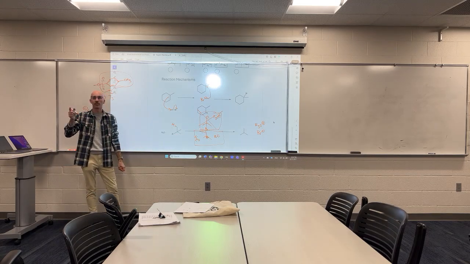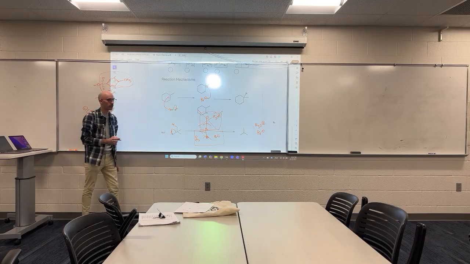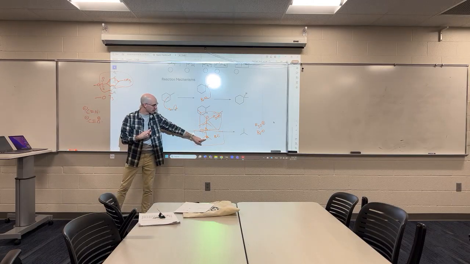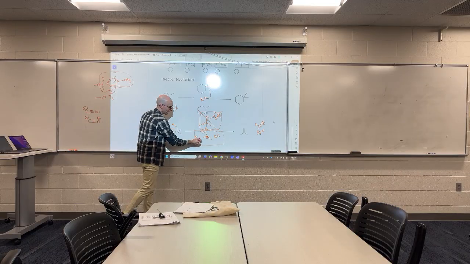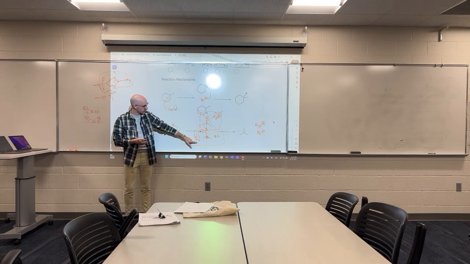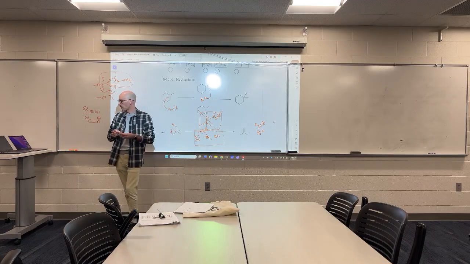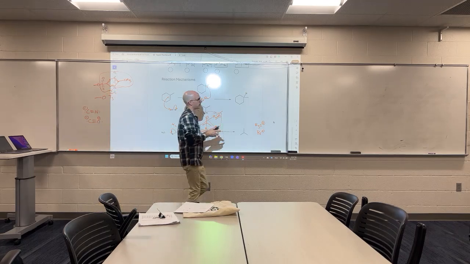First, the carbon-bromine bond breaks. Electrons have to go to the bromine because bromine owns those electrons. That leaves me with carbon with a positive charge, bromide, and water. So then second, a lone pair from oxygen binds to the hydrogen. I'm going to redraw this in a better color.